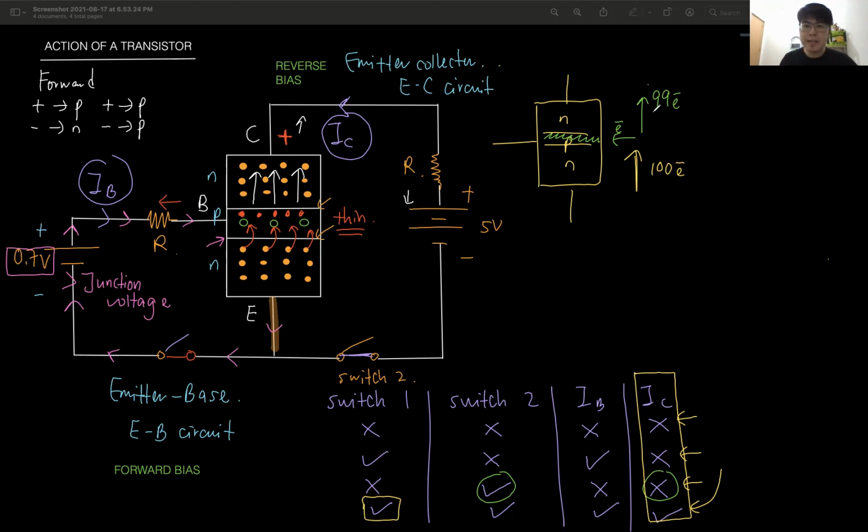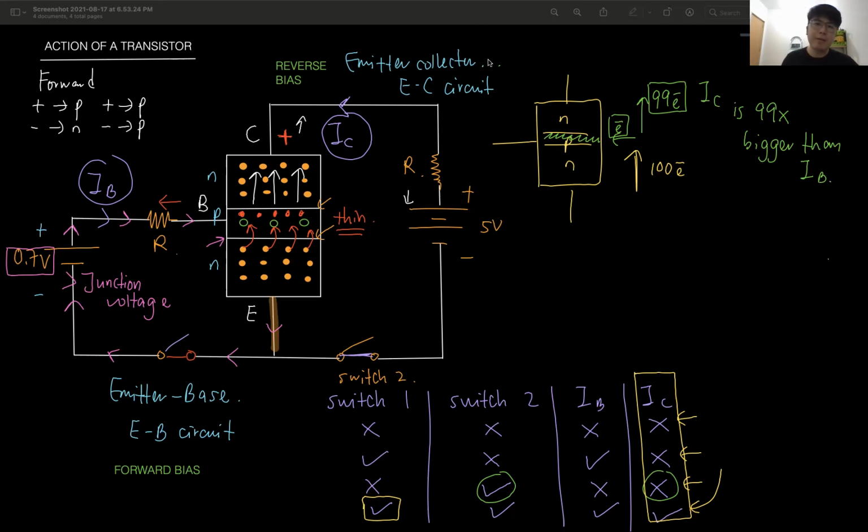So you can see here 99 electron is coming out. This is only one electron. So I can say that the IC is 99 times bigger than the IB.